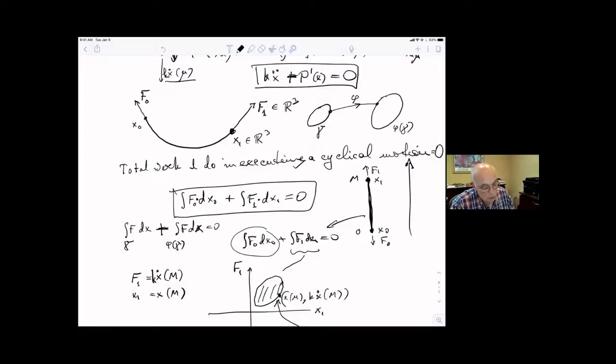Anyway, I just wanted to illustrate these ideas. All this really comes to this F and this F. These forces are given by what? They're given by the total potential energy of this spring.